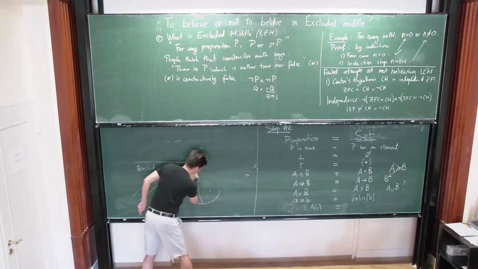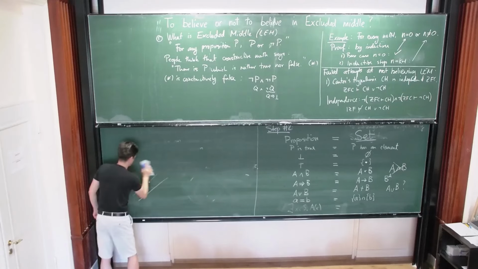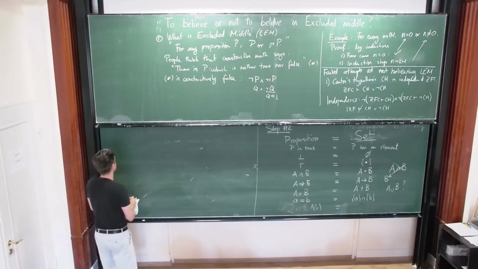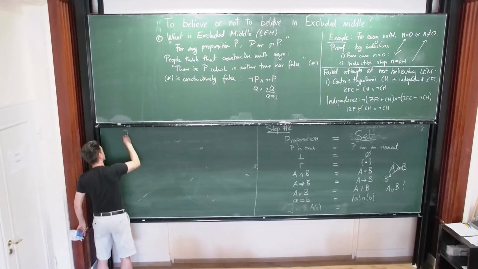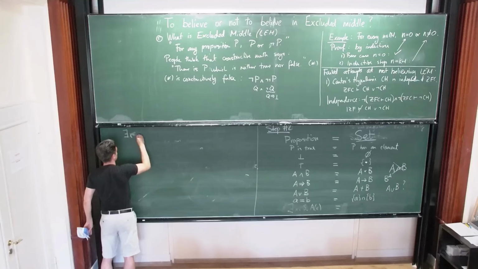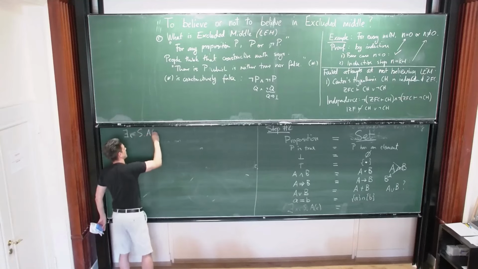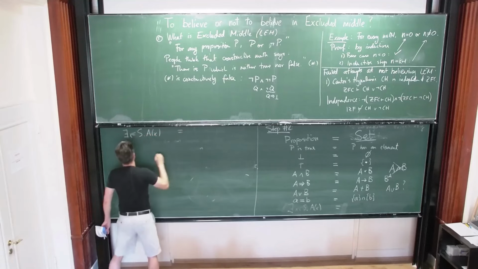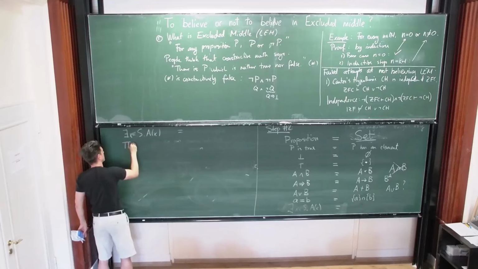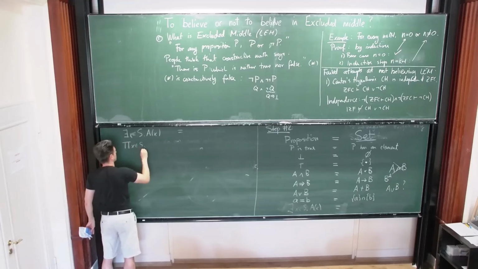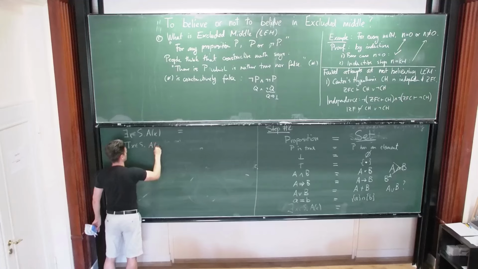So for all and exists are still there. So let's see. Exists x in S such that A of x, and product x in S such that A of x.